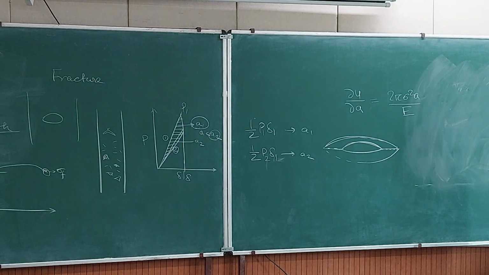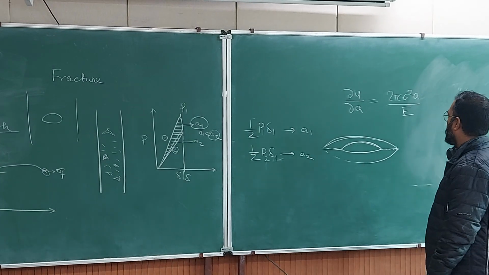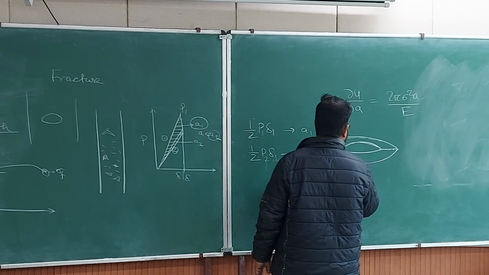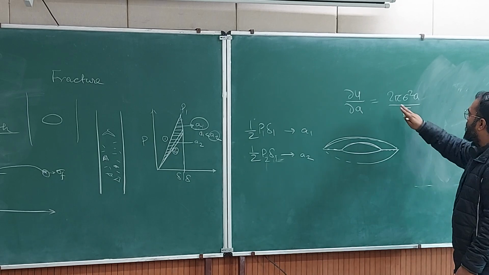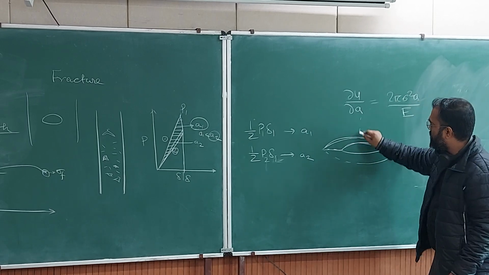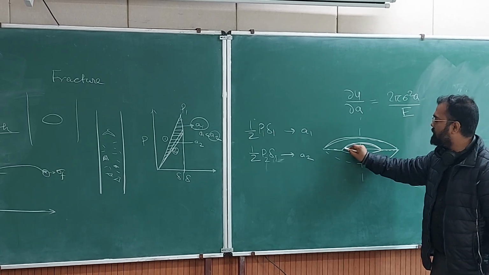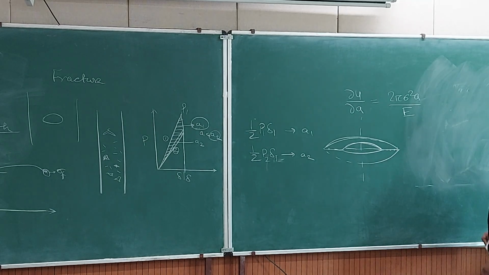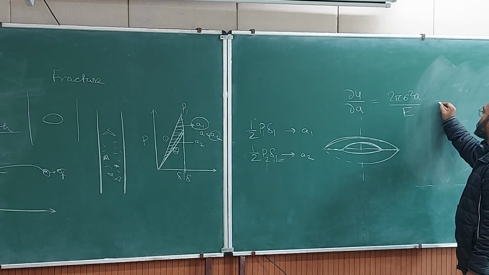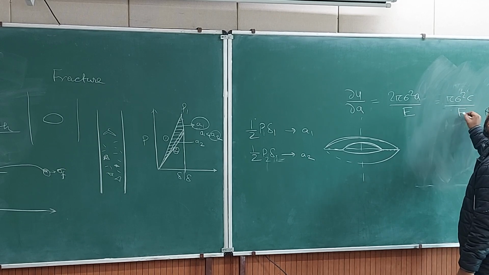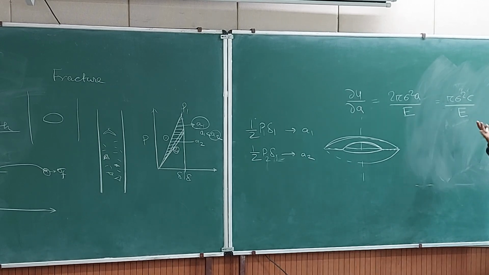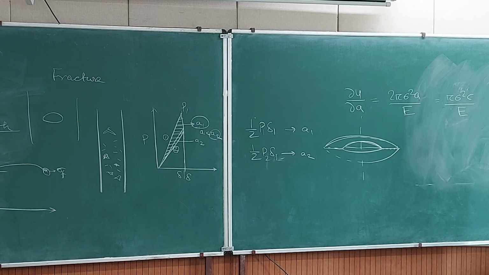Okay? And then for this crack length, if you assume that this is A, that is A, so that is 2A, and you describe that as the total crack length, so that becomes pi sigma square C by E, where C is equal to 2A.